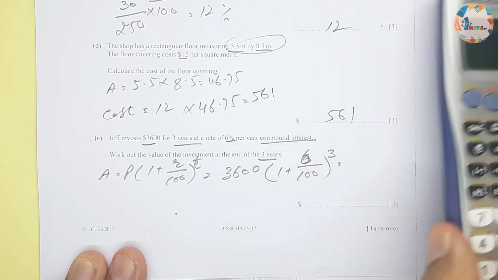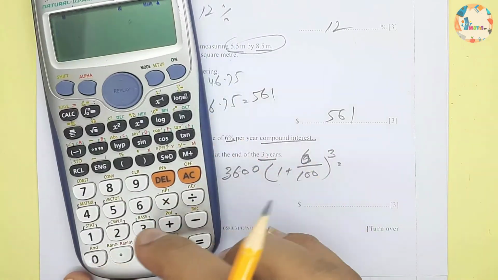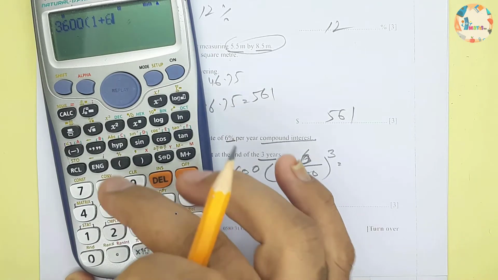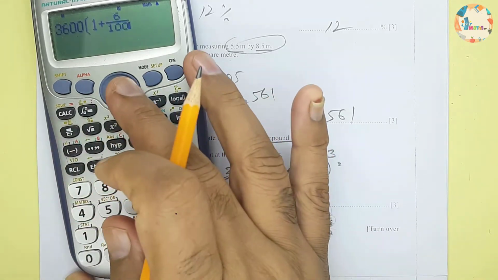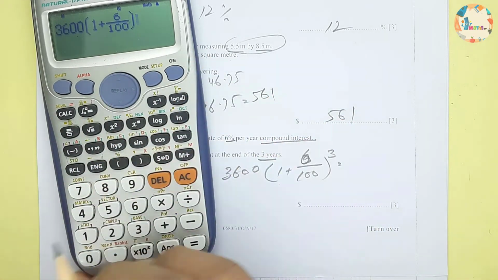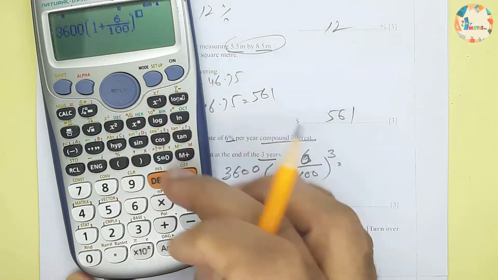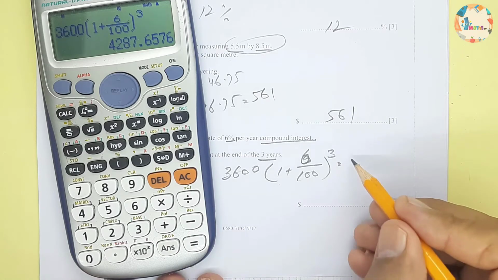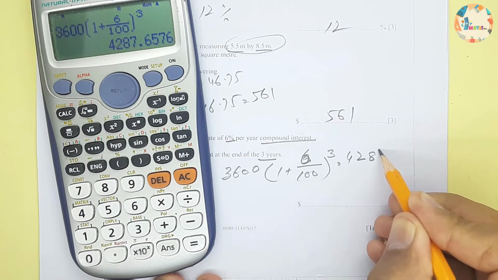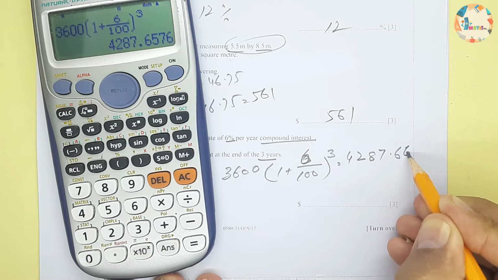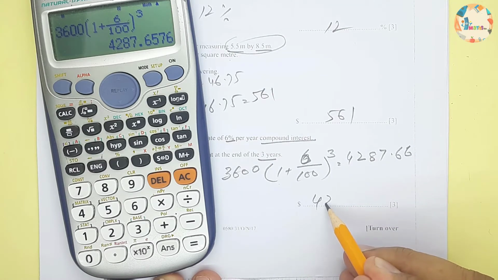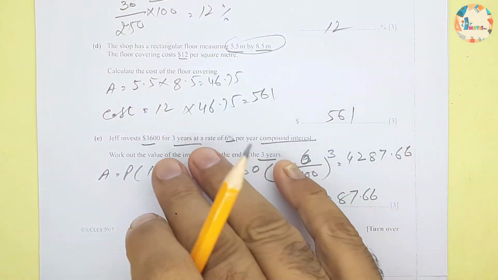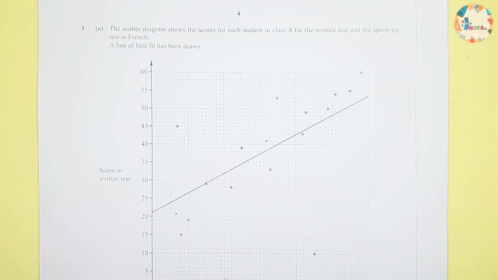So this will be simplifying to 3,600 into 1 plus 6 over 100 to the power 3, and this will be equal to 4,287.66, and this will be our answer, 4,287.66. Hopefully you're following everything.